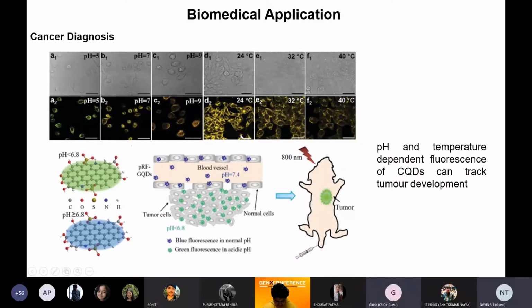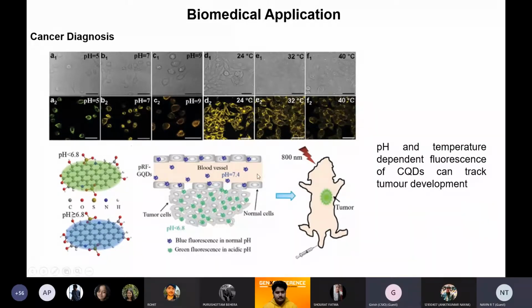So these authors used blue fluorescence carbon dots, which emitted in blue at normal physiological pH of 7.4. But as soon as the pH decreased below 6.8 because of the acidic nature of the cancer cells, it produced green emission. So based on this pH dependent emission, one can actually use carbon dots for diagnosis of cancer also.